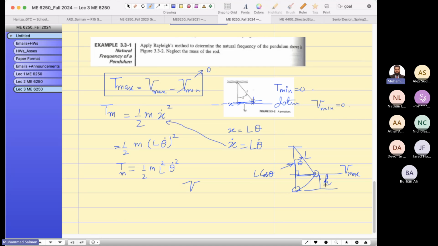To find h, h equals the total length, which is L, minus this side of the right angle triangle. So L minus L cosine theta is the height. So I can write the maximum potential energy as mgL(1 minus cosine theta).